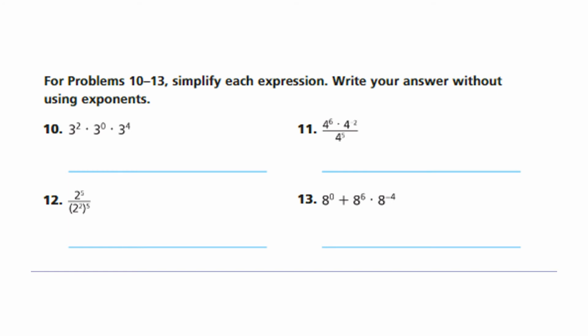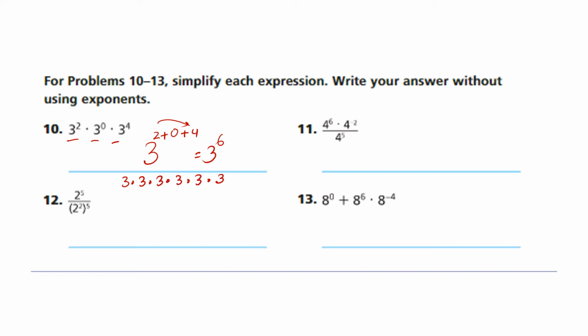Let's try to solve quickly this question. If you understand all the concepts before, then just pause the video, do your work yourself and check the answer later on. So all the bases are the same, we write one time. And what do we do with the power? We add the power. So 2 plus 4 gives us 6. How can we simplify? We write the 3's how many times? 6 times.